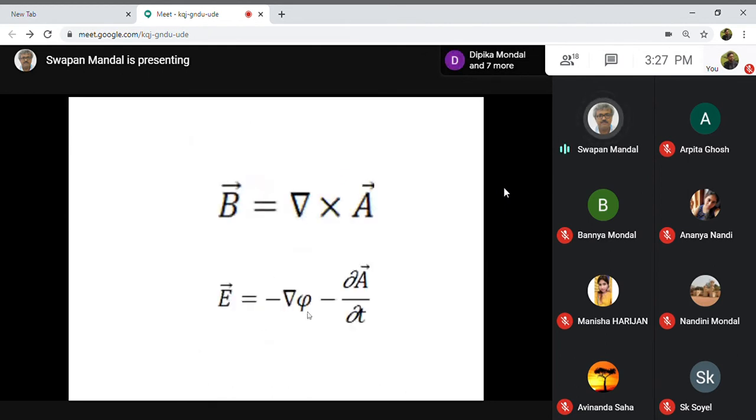Here it is: E equal to minus gradient of phi minus del A del T. Since A has changed, A prime equal to A plus gradient of lambda, you have an extra term like gradient of del lambda. If you take the gradient in front, could you follow me? You will get minus gradient of del lambda del t.